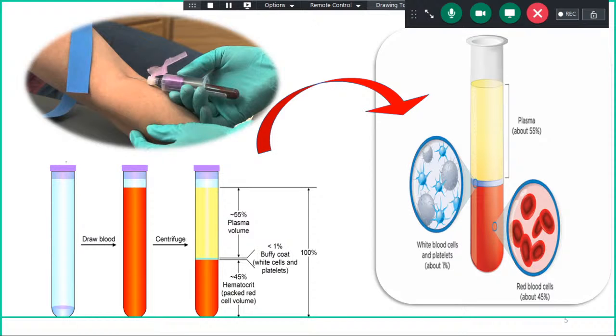The second part, a very narrow band in the middle, is the buffy coat, and it is rich in WBCs and platelets. This is used for DNA analysis because WBCs are nucleated. And the lowest part, like I told you, is packed red blood cells.